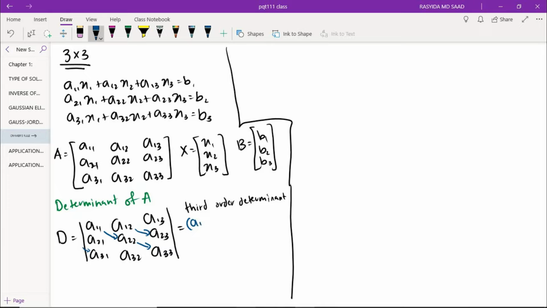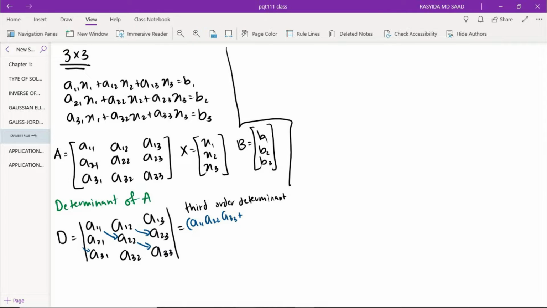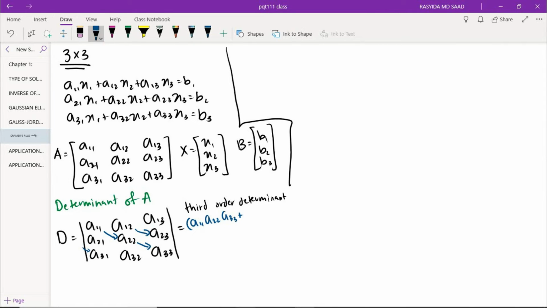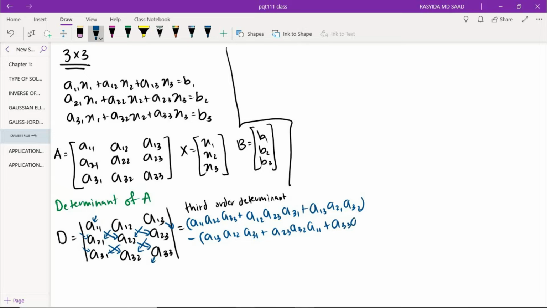So it will be a11 a22 a33 plus a12 a23 a31 plus a13 a21 a32, and then minus, on the left side, a13 a22 a31 plus a23 a32 a11 plus a33 a12 a21. Okay, and then you will get the determinant.